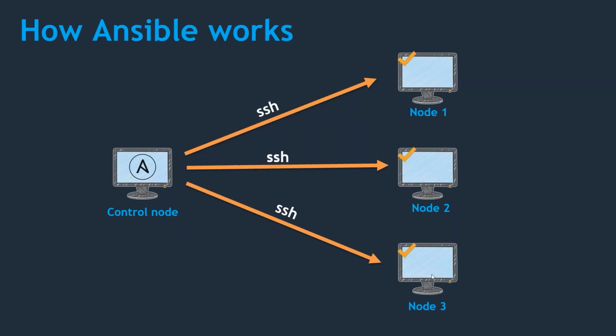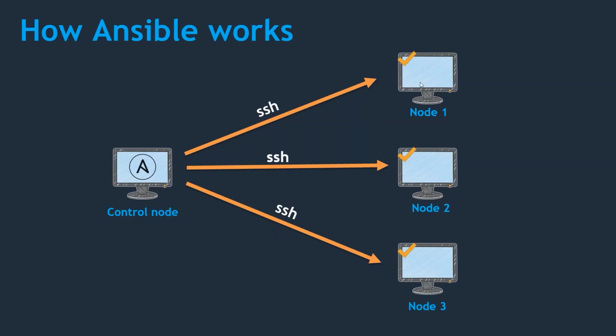So node 1, node 2, node 3, like this we have hundreds of systems in our environment, and the control node can communicate with these systems through SSH. We don't require any additional agent to communicate with your node. But we need to tell our node that this is the control node, so we should enable passwordless authentication.